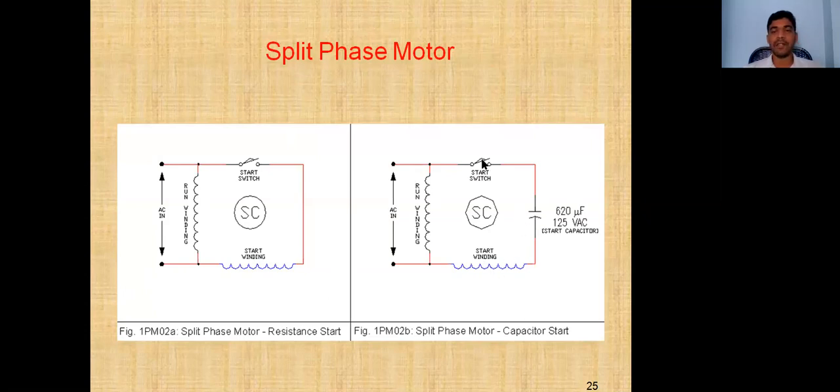This is the centrifugal switch to turn off the starting winding in running conditions. So this is the running condition. Both are split phase motors. The first one is the resistance starting method. The second one is the capacitor starting method.